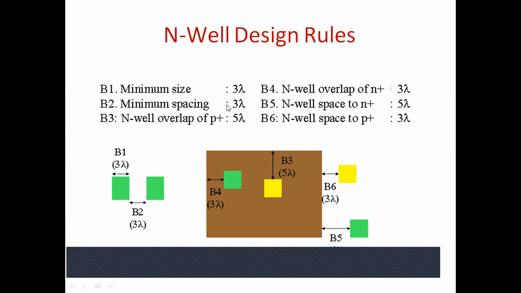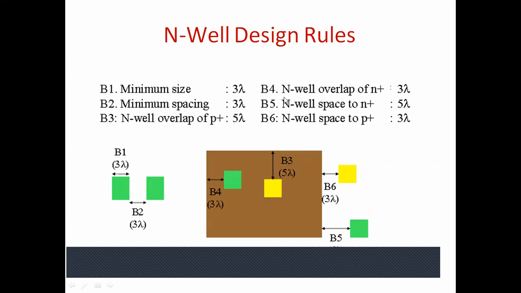Then B2 minimum spacing. Where is B2? B2 is here. Minimum spacing has to be 3 lambda. B3 is the N well overlap of P plus, meaning this is your P active area, and this is the overlap, so that has to be 5 lambda.